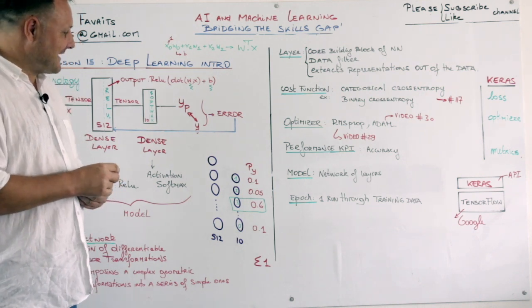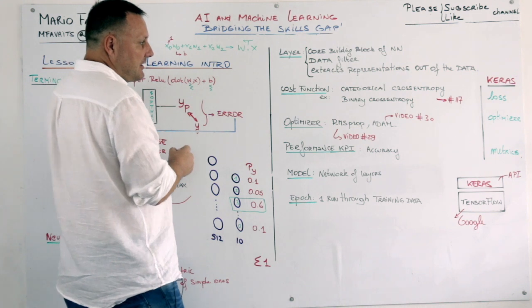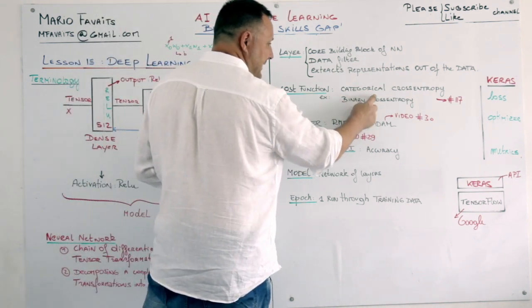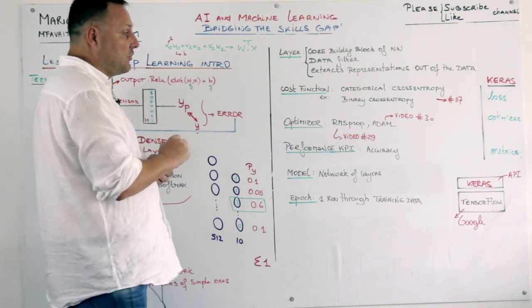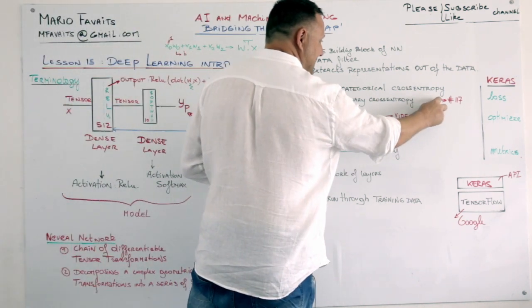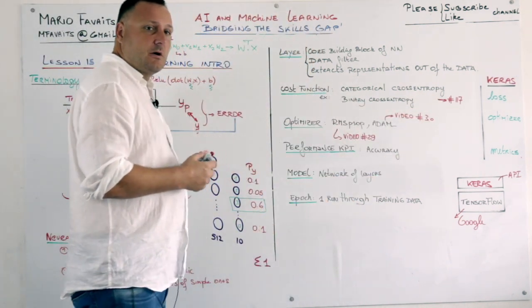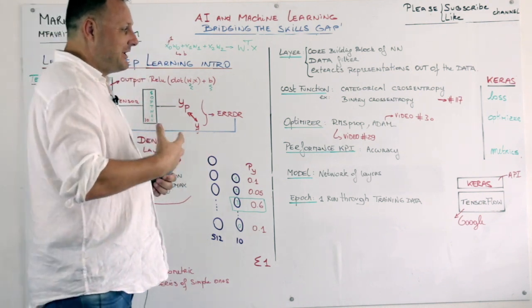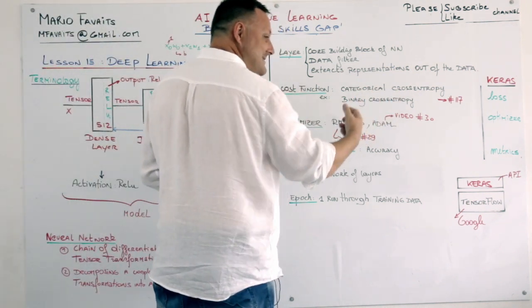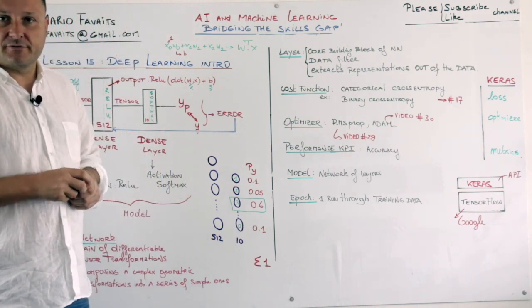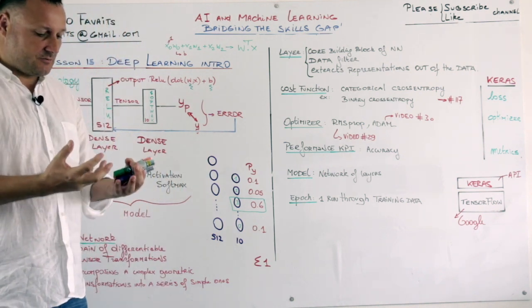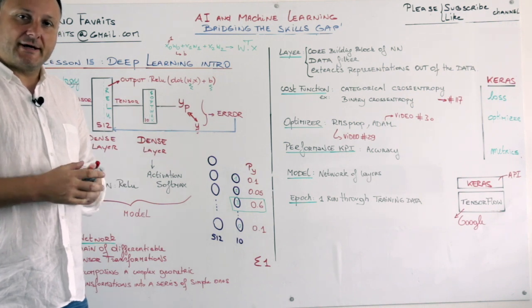Cost function examples are binary cross entropy and categorical cross entropy. If you want to know more about these, I've explained it in detail in video 117. But basically, cross entropy is a measure of the similarity of two distributions. You compare the two distributions, how similar are they?